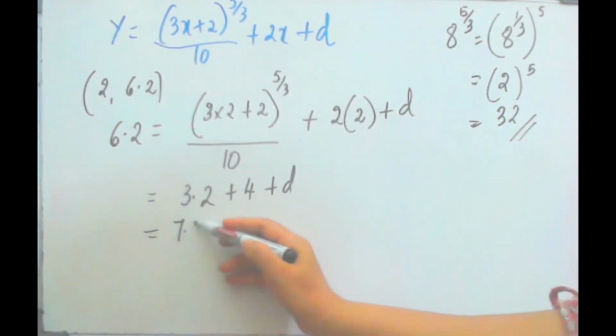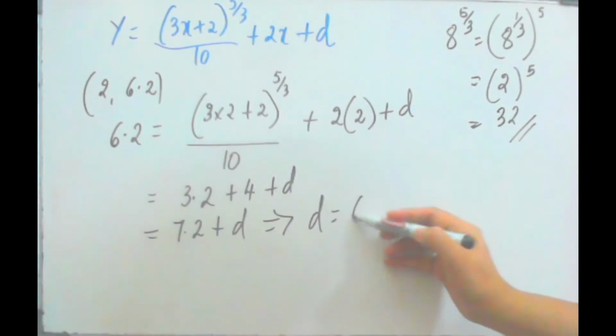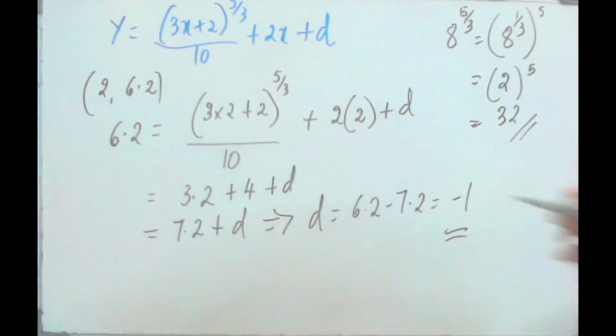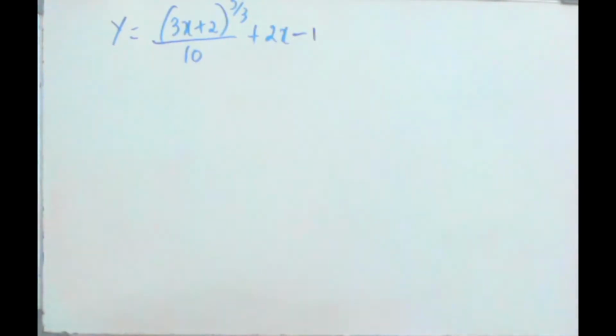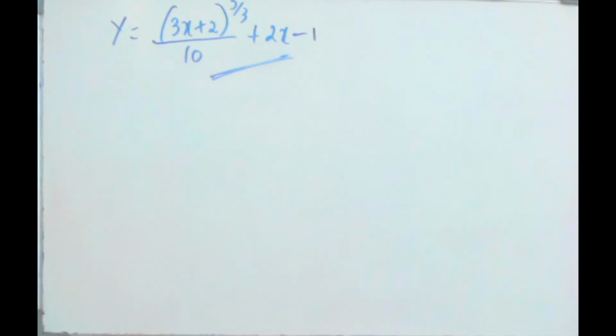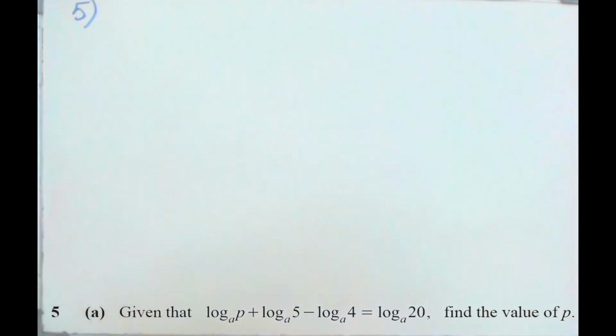This is 7.2 plus d. From here it follows that d is equal to 6.2 minus 7.2, which is minus 1. This is the final expression for the equation of the curve, and that is the final answer for question number 4. Great. Let us start with question number 5 now.